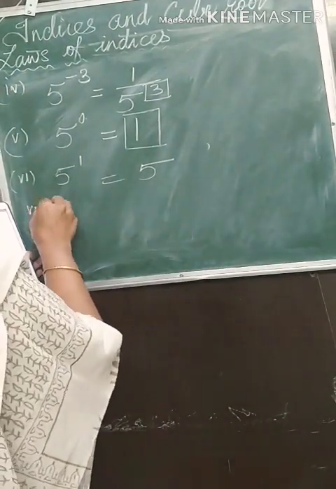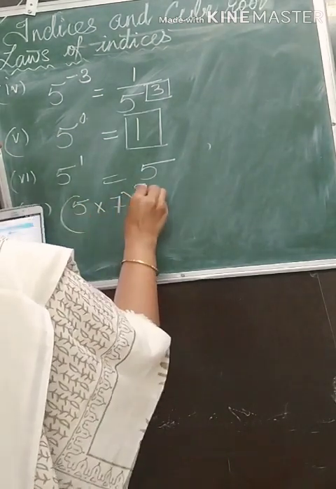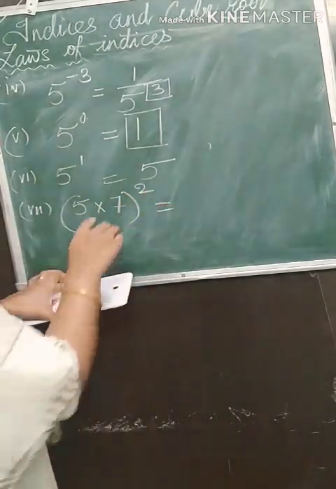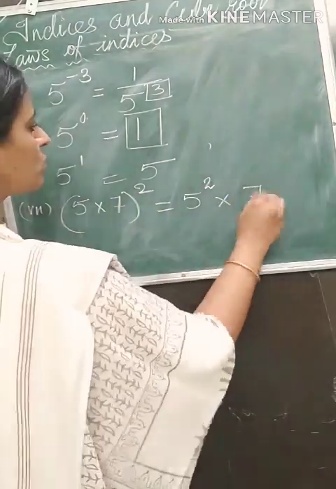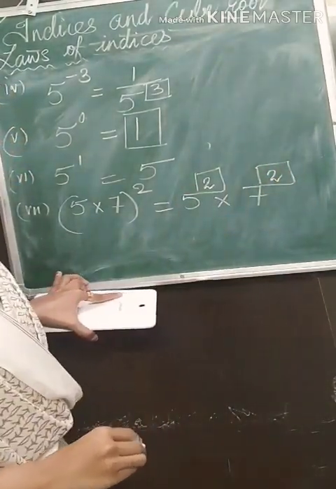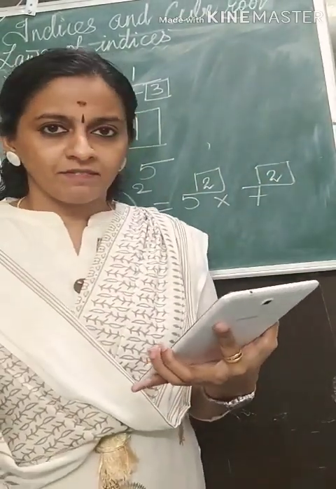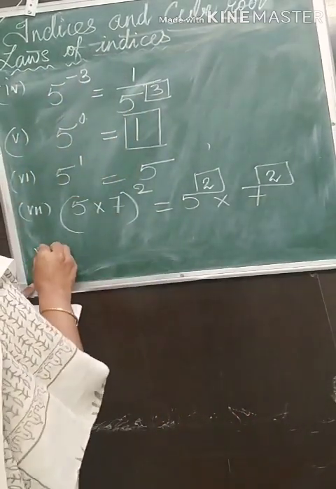Very easy compared to all these. 5 into 7 the whole raised to 2 will be 5 raised to 2 into 7 raised to 2. So here you have a box, here you have a box. Put the appropriate box as asked in the question. Be happy. Eighth sum, copy the question.